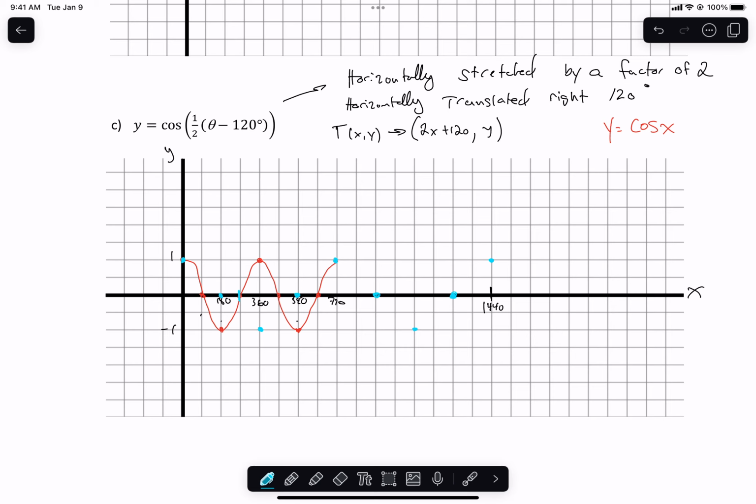Okay, so now I'll connect those. This is still 2 cycles of this graph, right? Okay, now you got to figure out where's 120 degrees on your axis.